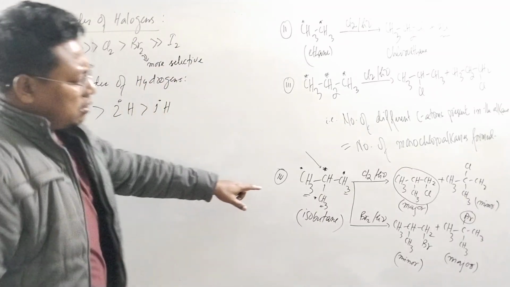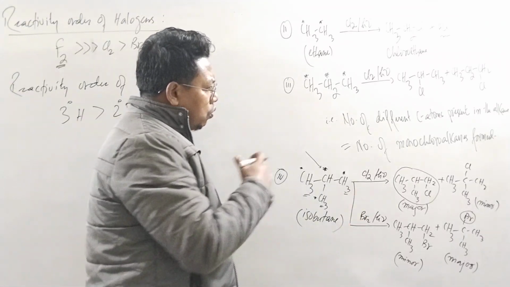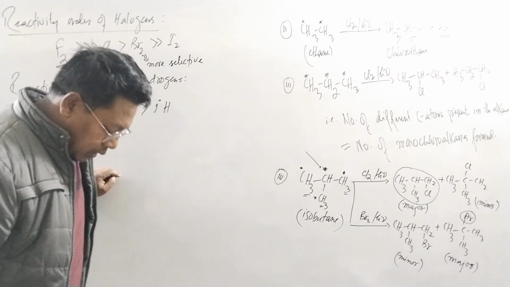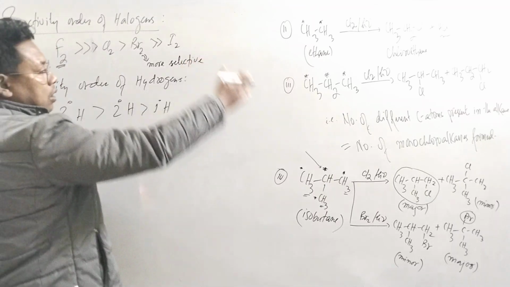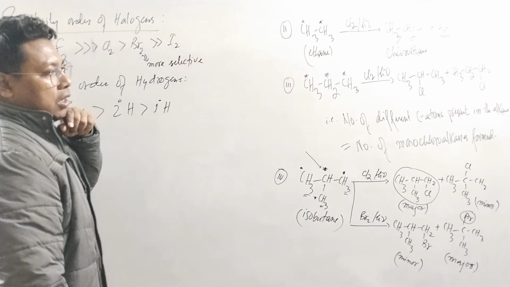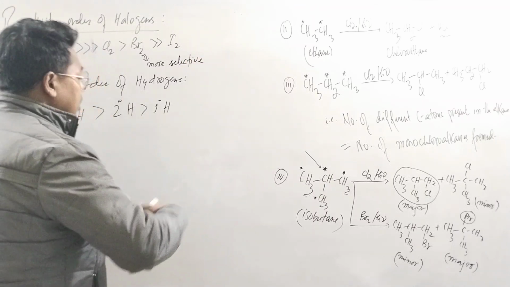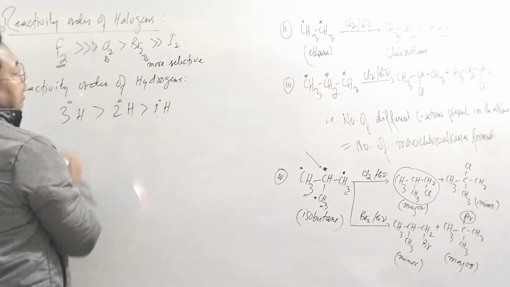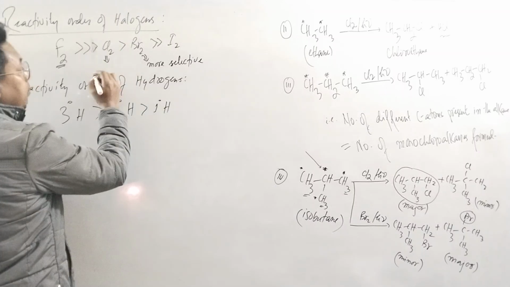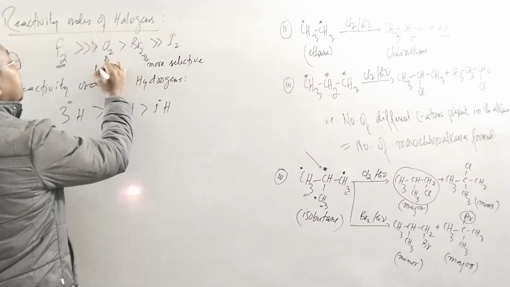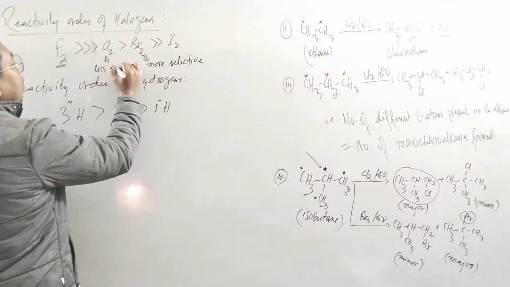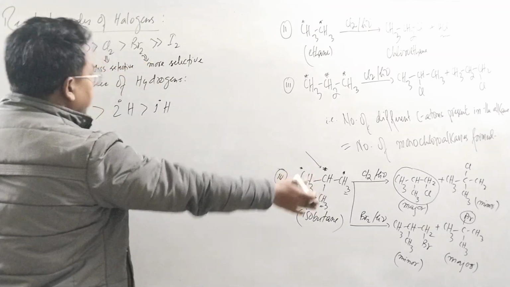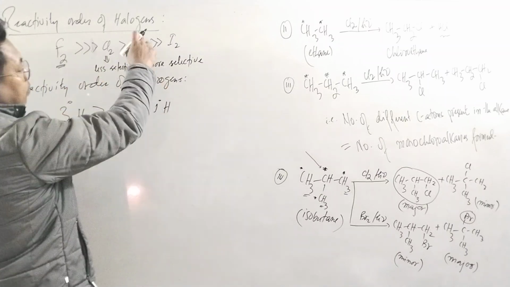This can be done through mechanism, but I am not doing the mechanism here because in your syllabus mechanism of this reaction is not there. This was studied in 11th standard. Okay, and this chlorine is more reactive means this is less selective. So these two products are based on this point.